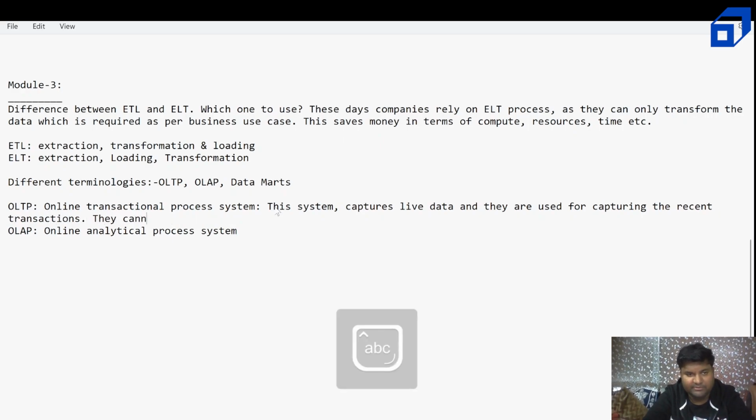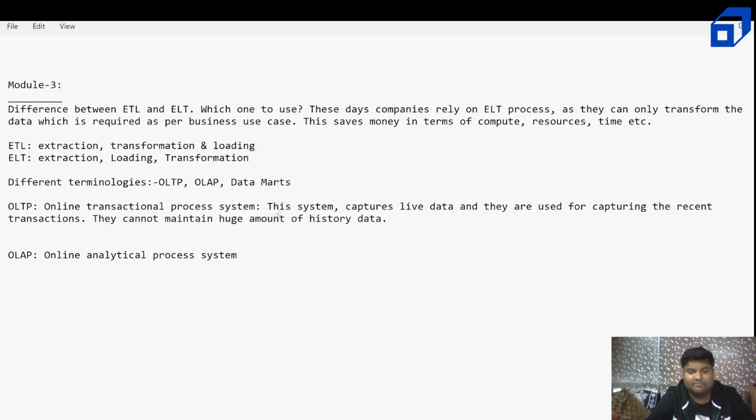They cannot maintain a huge amount of history data, right? For example, we can take any database. OLTP stands for online transactional processing system.